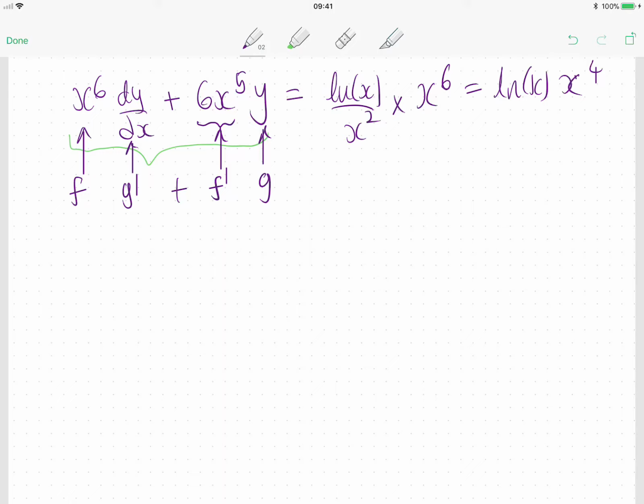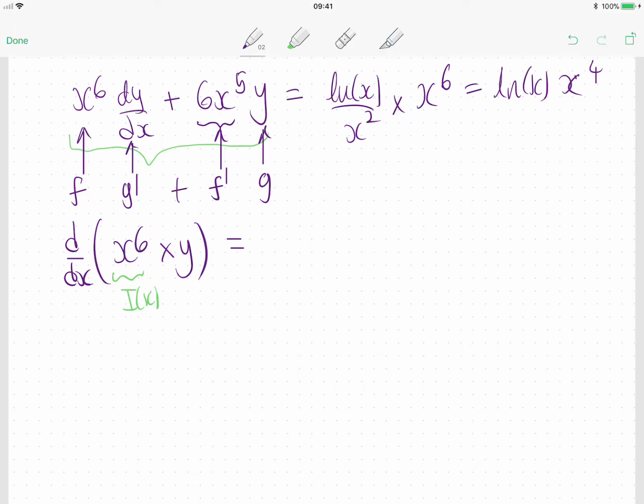And this looks very much like the product rule. This always works. So actually, the left-hand side, we can think about it as factorizing. And it factorizes to the integrating factor times y. And this is always true. It's always I of x times y.